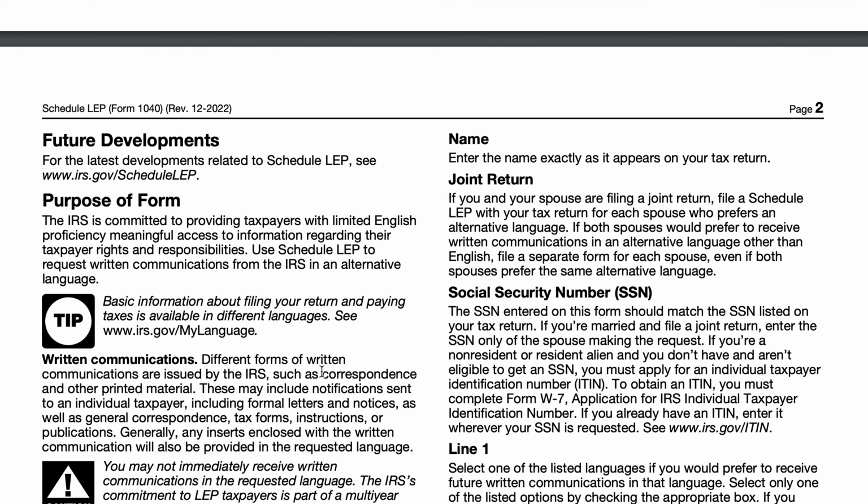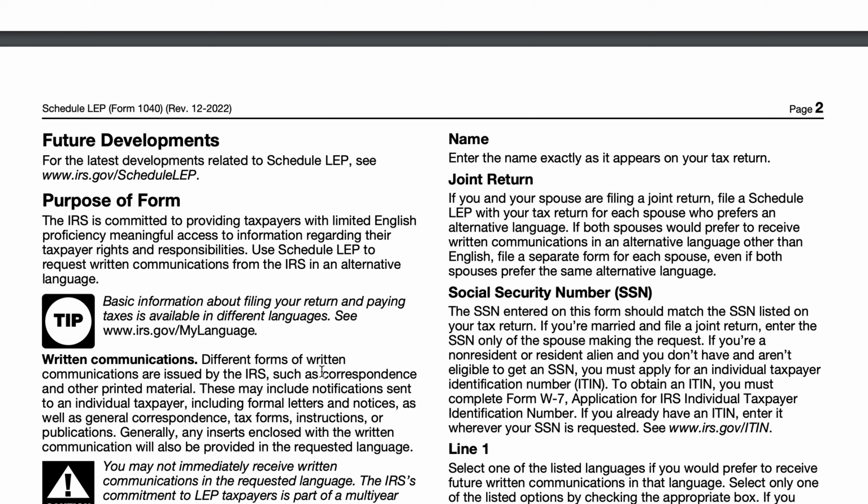So as far as Social Security number, there is a prompt for Social Security number. If you don't have one, you can use an individual taxpayer ID number, ITIN, which is usually what you would receive if you're a resident alien that doesn't have a Social Security number, or if you're a non-resident.